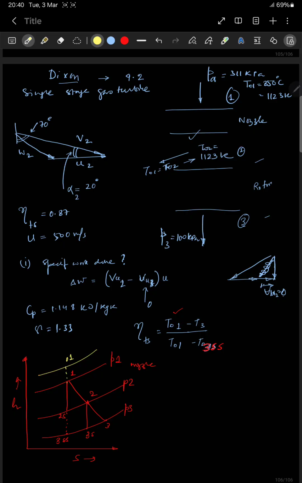Okay, so we can find out T3SS from here. This is known, so we can find out this.